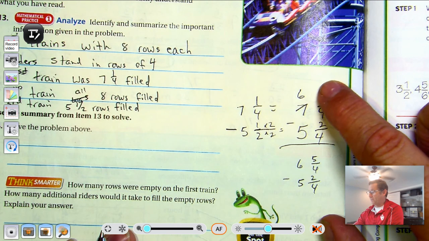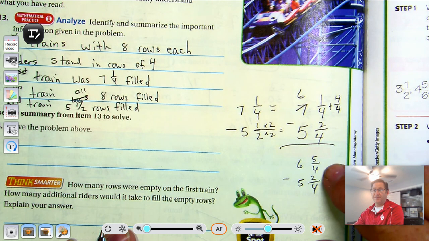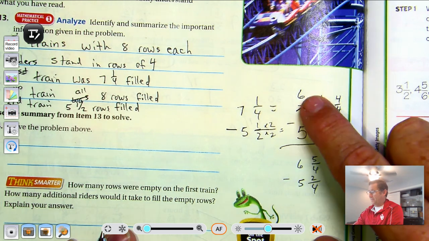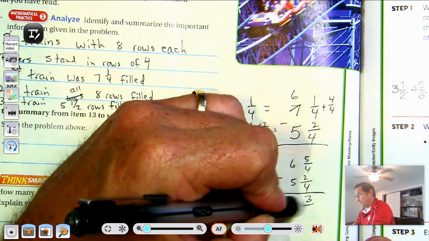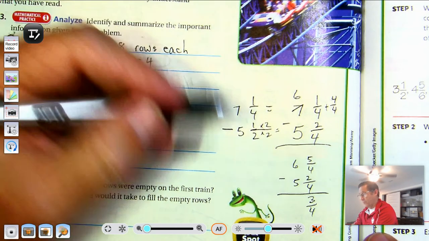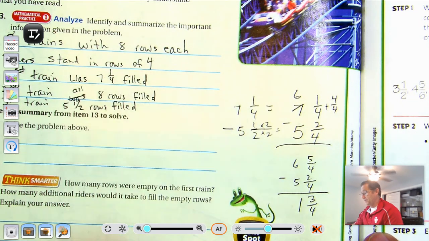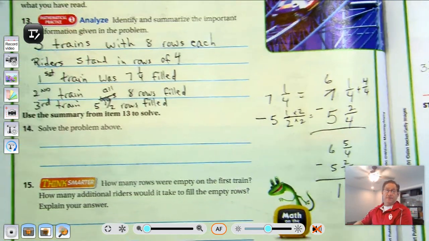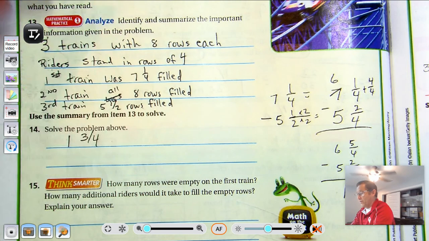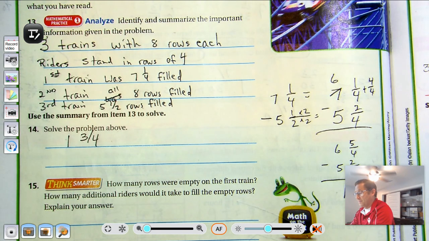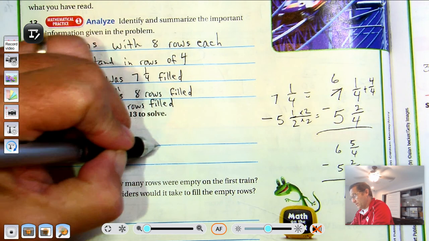All I did was add the 4/4 to the 1/4 to get 5/4. So 6 5/4 minus 5 2/4. 5/4 minus 2/4 is 3/4, and 6 take away 5 is 1. So 1 3/4 more rows were filled.